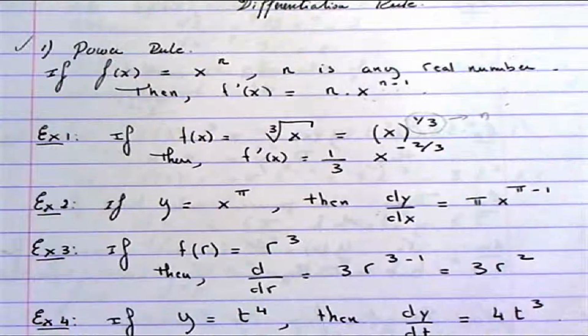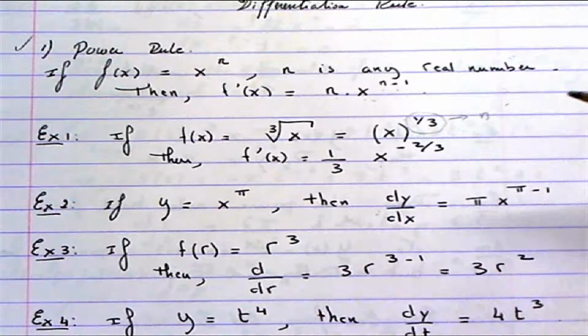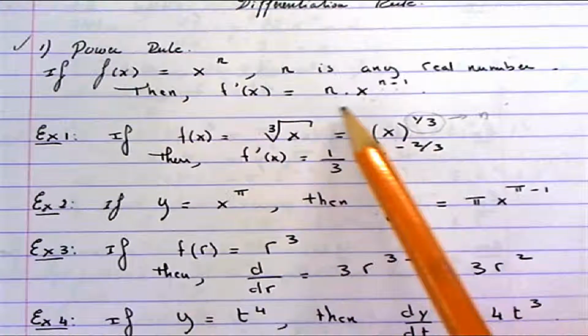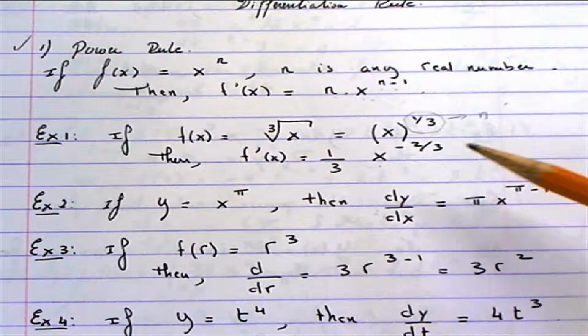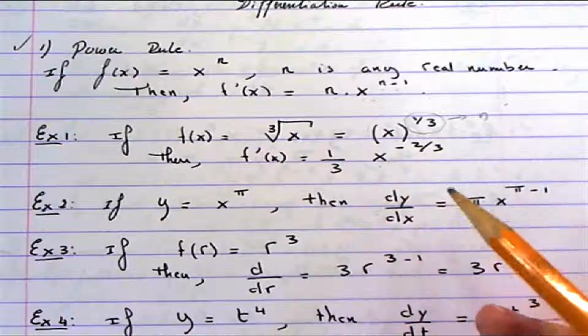Instead of taking the whole entire limit as h approaches 0 of f of x plus h minus f of x over h, what you did was apply the simple rule to help you find the first derivative. Again, n is 1/3.